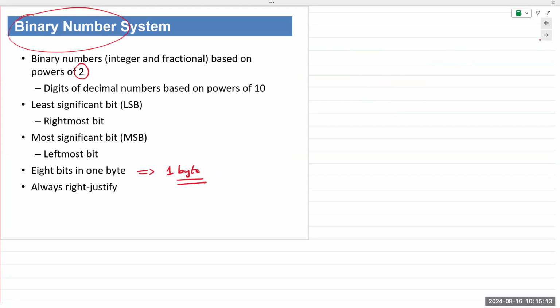Everything else works pretty much the same way. Digital information is transmitted as bits. Each bit is one circuit. That circuit could be made up of one transistor, two transistors, 4, 5, 6, 7, 8, depending on the kind of circuit or the kind of logic we want to use.